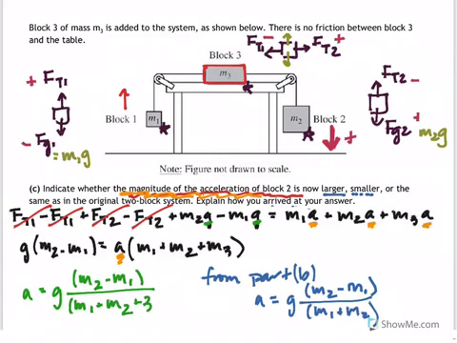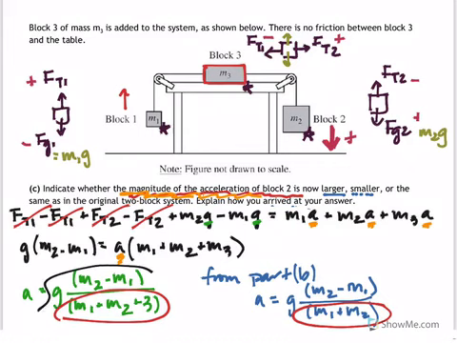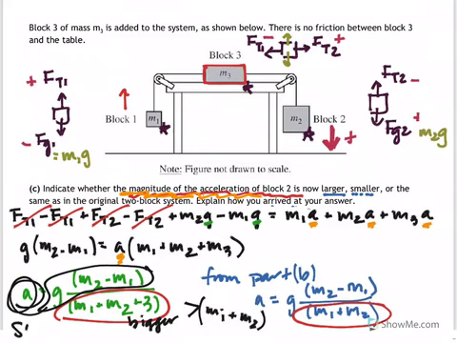So right here we have that our new acceleration with the mass added has a larger number in the denominator now that we've added the third mass than we did when there was no mass sitting on the table. If all the other numbers are the same, same number here, divided by something bigger than we did over here, which means that this acceleration for our new system will be smaller.